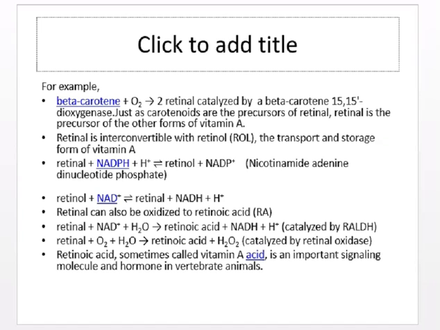Okay, so beta-carotene metabolism. Two retinal molecules are produced, catalyzed by beta-carotene 15,15' dioxygenase.